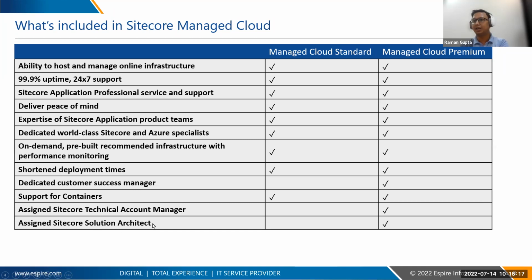So a dedicated technical team as well we'll get with the premium version. If we have a very customization-heavy website or requirement, it is recommended that we go with the premium, because the technical team can help us build those customizations and go into the cloud. Otherwise, we can opt in for the standard version.